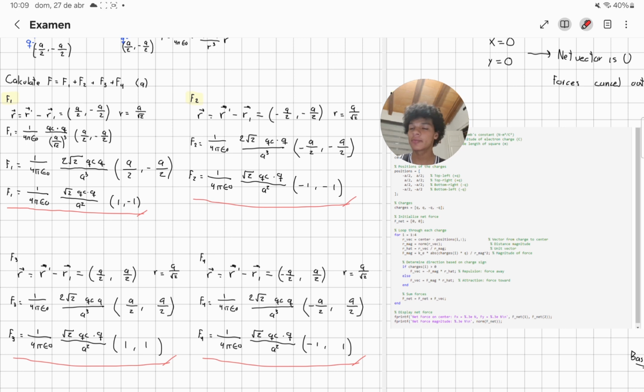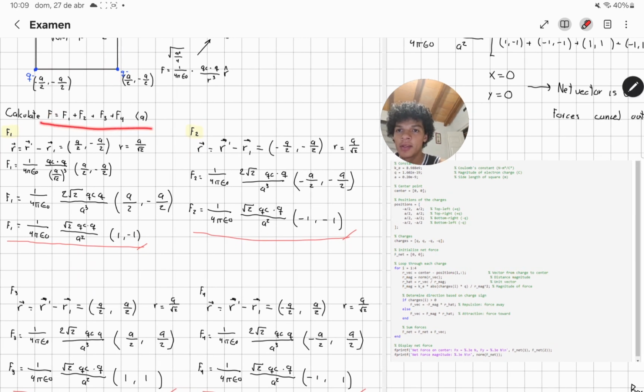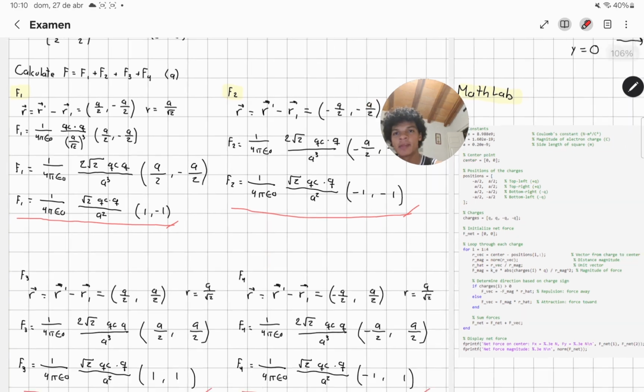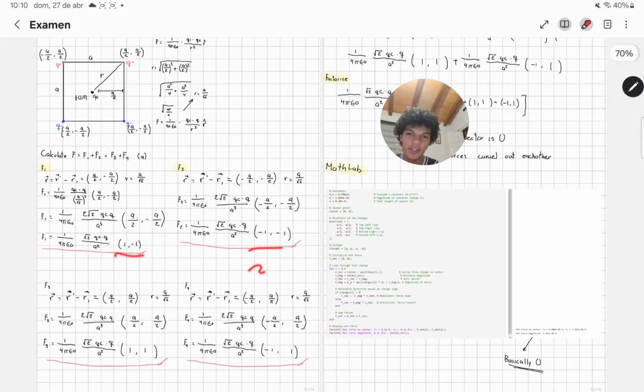Now to calculate the resultant vector, we have to sum each one, as it's stated right here. So we make the calculus for each vector using the same formula. So it's basically the same for each vector, and we get a point for each point.